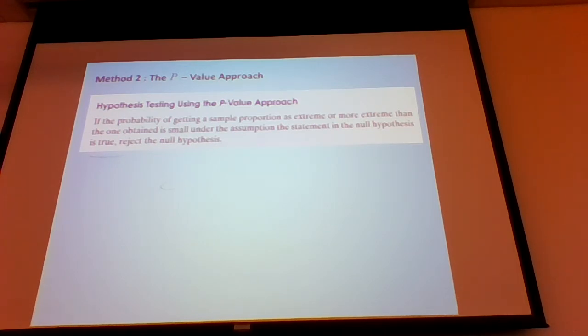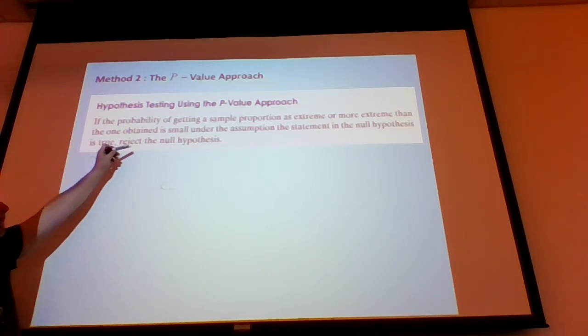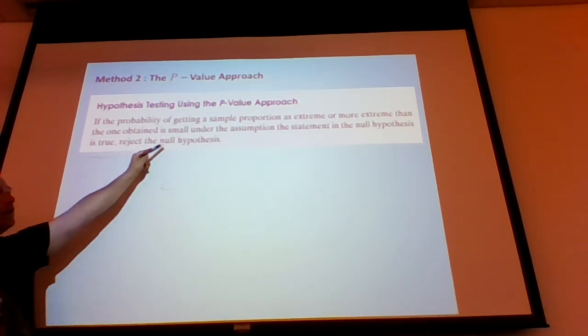And if the probability of your sample is smaller than the probability of your hypothesized value, you reject the null hypothesis. In other words, if the probability of your sample proportion is more extreme, another way of saying more extreme is a smaller probability, than the probability of your null hypothesis, you reject the what? Null hypothesis.